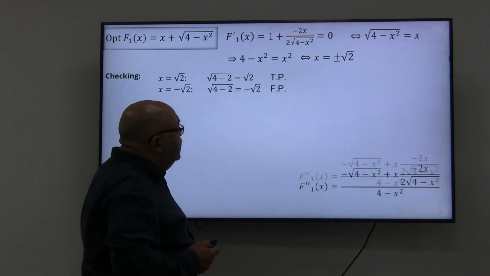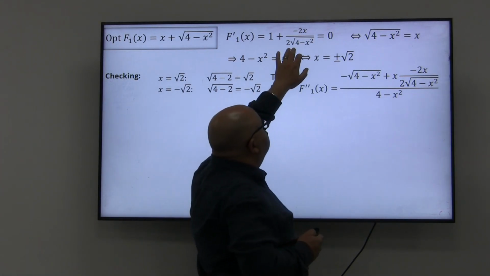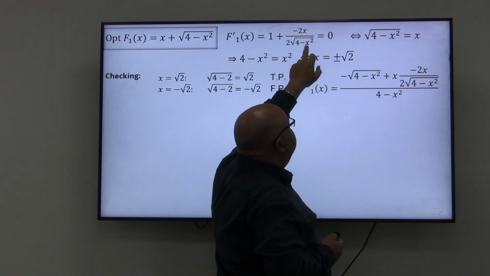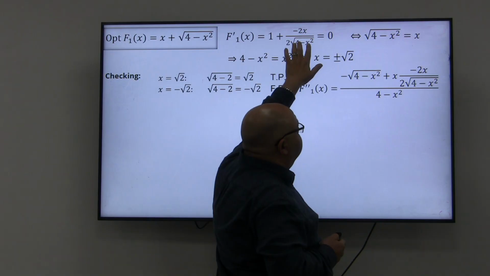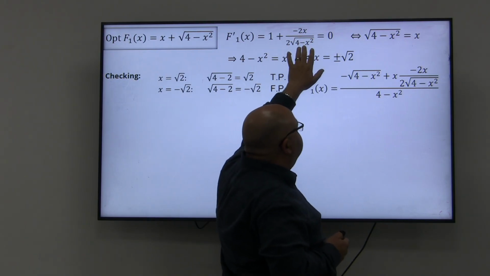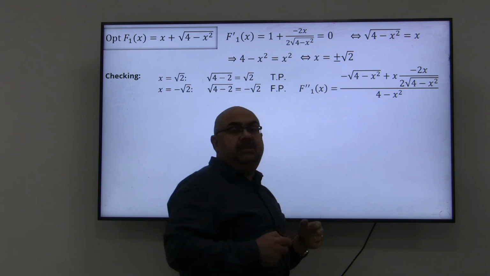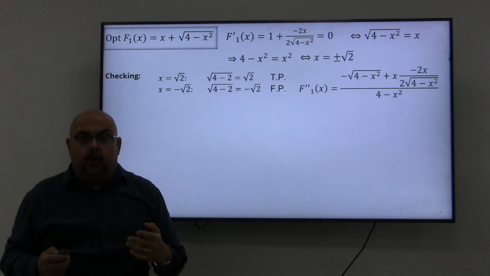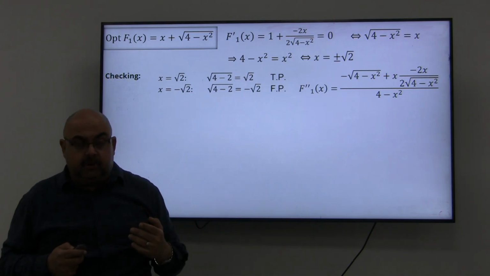Now I need the second derivative of this function, which is x over the root of 4 minus x squared, just squaring the denominator, getting the derivative of the numerator times the denominator minus vice versa, which is the division rule for the rational functions.